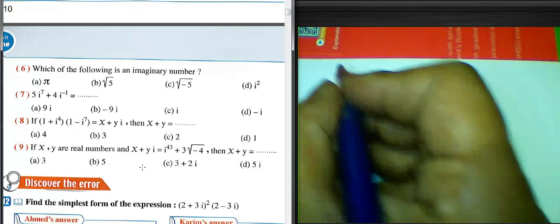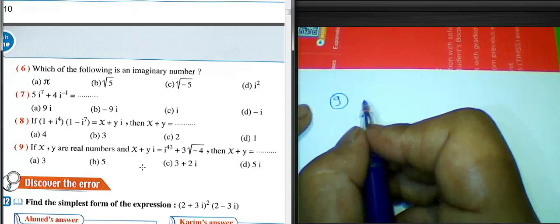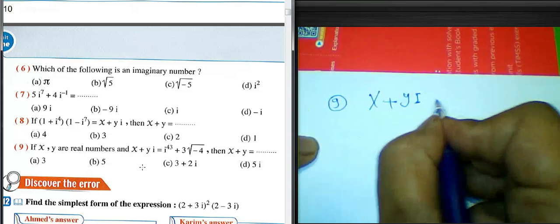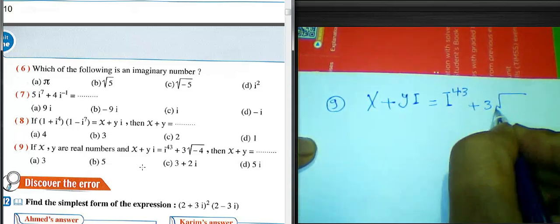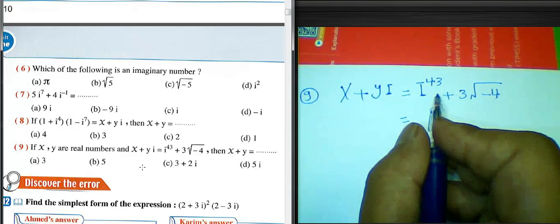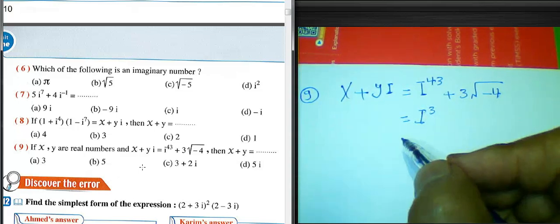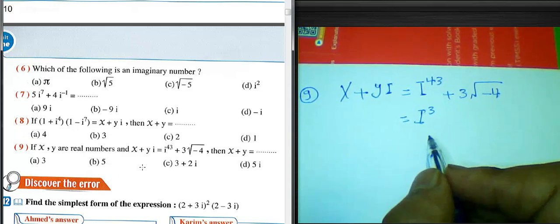We can solve it: i^43 equals i^3, because i^43 equals i^40 multiplied by i^3, and i^40 equals 1, because 40 can be divided by 4.